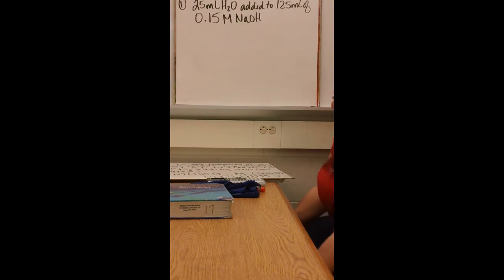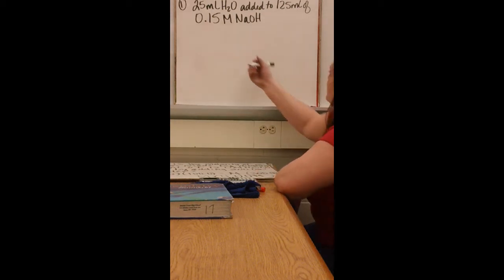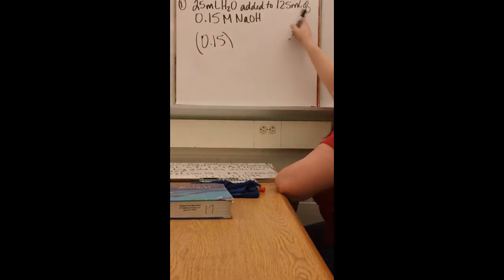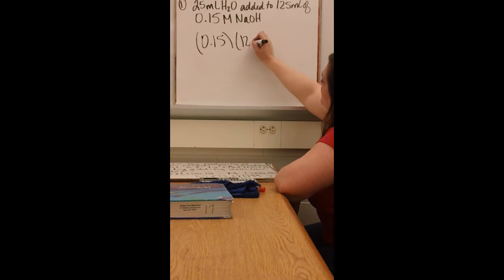Question 1. 25 milliliters of water was added to 125 milliliters of 0.15 molar. So what is the final concentration? So again, we have 0.15 molar of 125 milliliters of 0.15 molar. So those two go together.